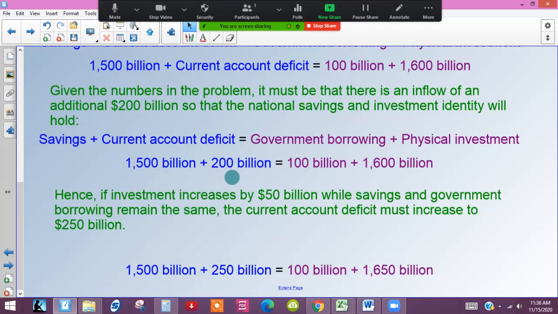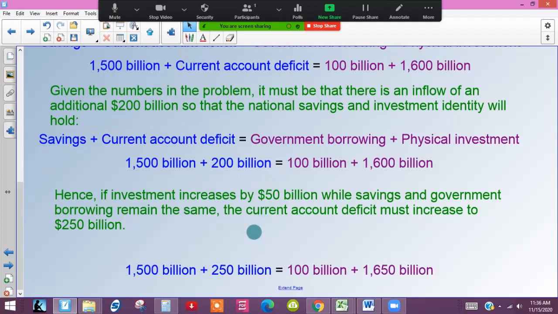Because that means that we actually need 200 billion in the financial capital, and so that's why we want 200 billion dollars to flow inflow to make up for the current account deficit. If we have a current account deficit of 200 billion, we're going to have a capital account surplus of 200 billion, because we have 200 billion more coming in than we have going out.